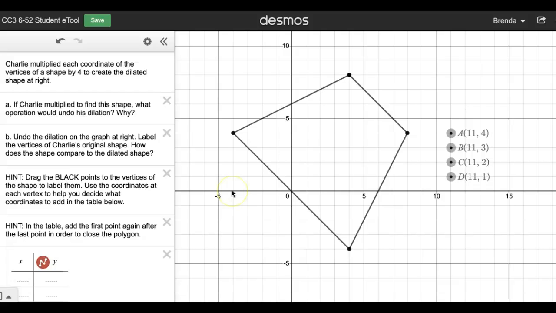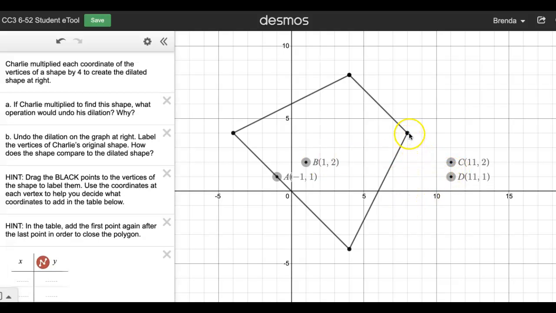So if I look at this coordinate here of -4, 4, and divide each of those by 4, then my new coordinate becomes -1, 1. So I'm going to put that coordinate there. And then I'm going to look at this coordinate up here, which is 4, 8. Again, dividing that by 4 gives me 1, 2 as a coordinate. So that's where my B goes.